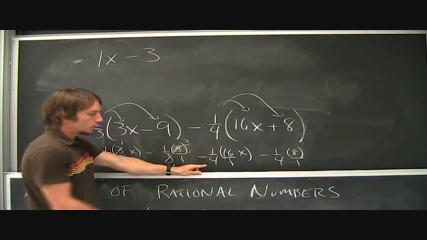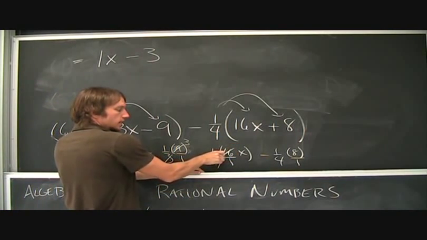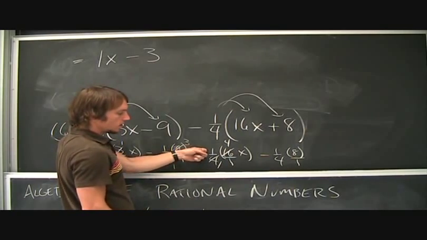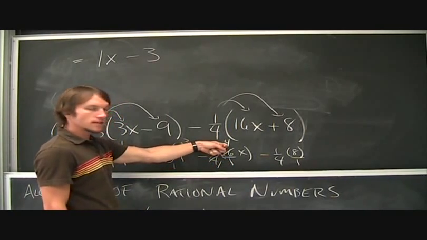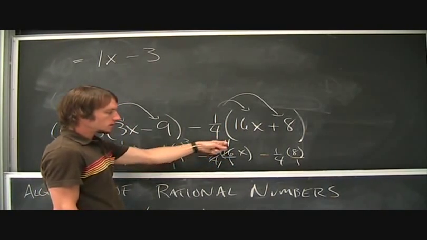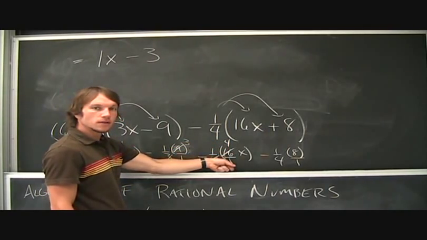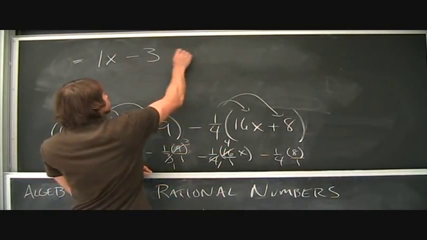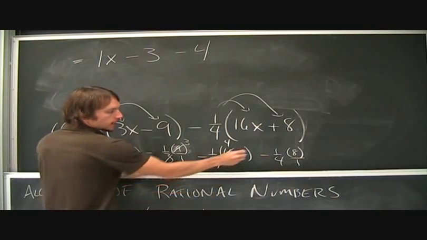Okay, same thing over here, 4 goes into 4 once, into 16 4 times, so I get negative, I just got 1s everywhere except for the 4, so it's negative 1 times 4 over 1 times 1, negative 4 over 1, and that's an x term.